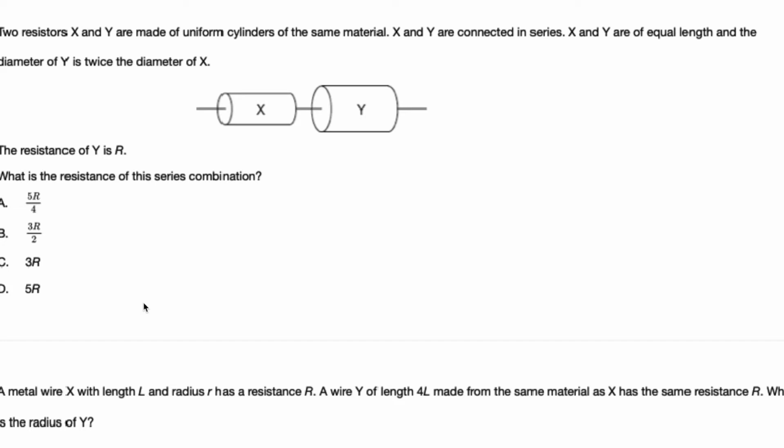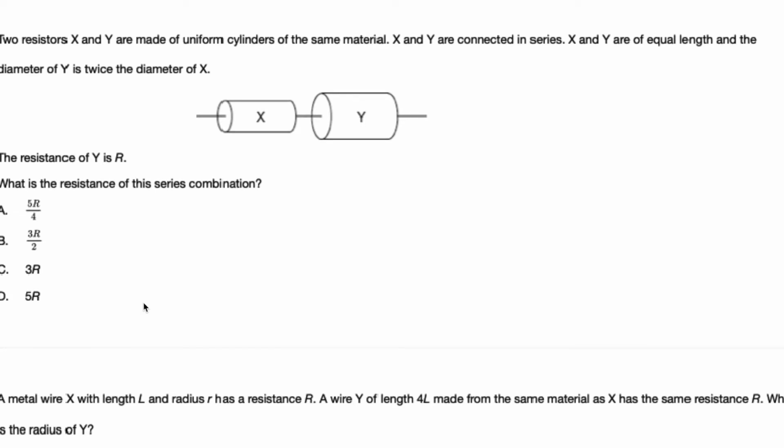Two resistors X and Y are made of uniform cylinders of the same material. X and Y are connected in series. X and Y are of equal length, and the diameter of Y is twice the diameter of X. What's the resistance of this series combination? So the resistance of Y is R. Right.